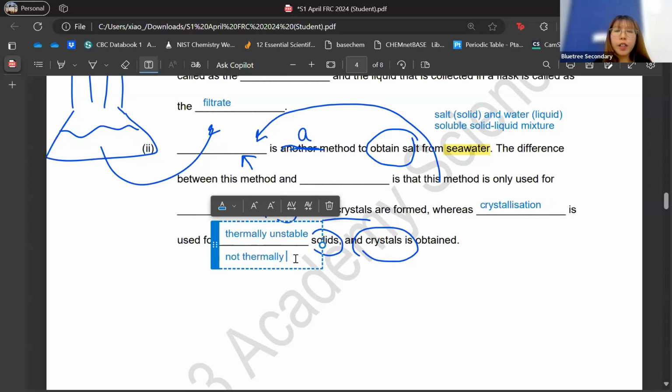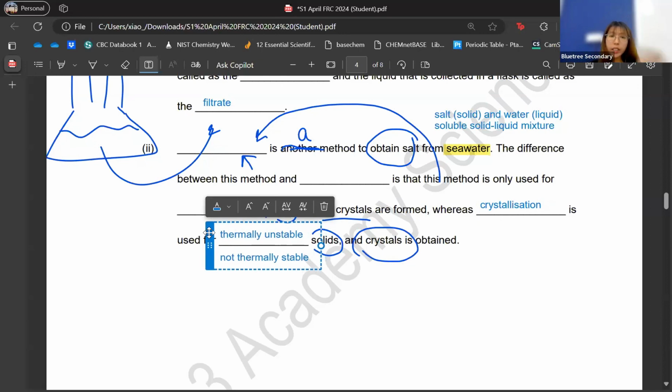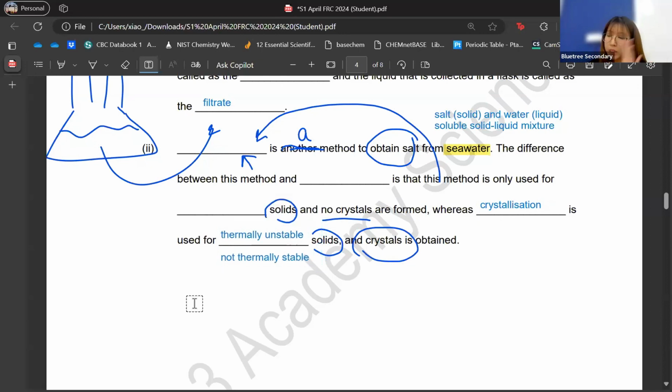However you phrase it, since the question didn't limit how many words you can have in one blank, as long as the meaning is the correct science meaning, you'll get the mark. So you either describe it as thermally unstable or not thermally stable. Like I mentioned, what is the cousin of crystallization? It will be evaporation.